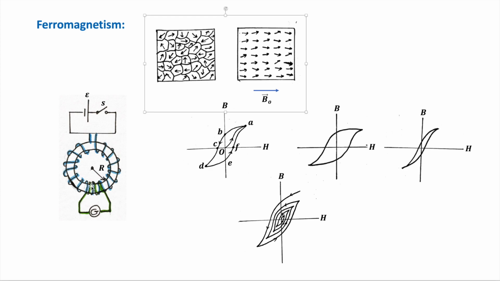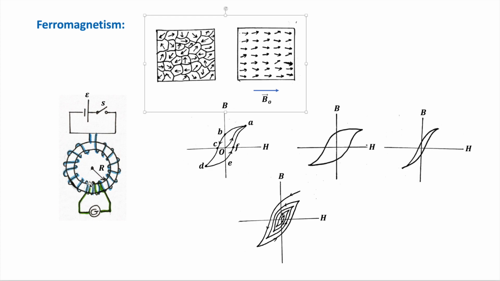So another secondary coil is connected to a galvanometer and is used to measure magnetic flux. The magnetic field B within the core of the toroid is measured by increasing the current in the primary coil from 0 to I. As the current changes, the magnetic flux through the secondary coil will change by BA, where A is the cross-sectional area of the toroid.